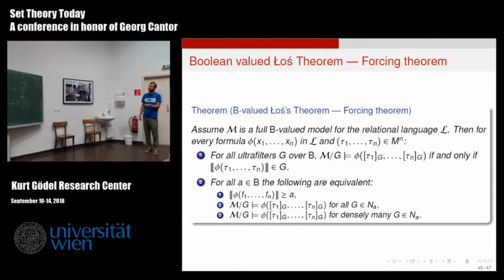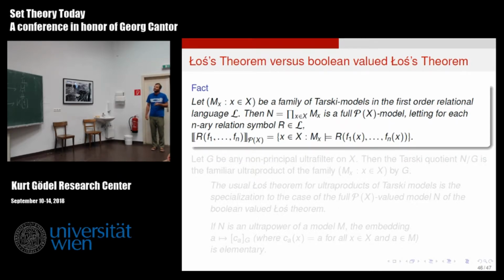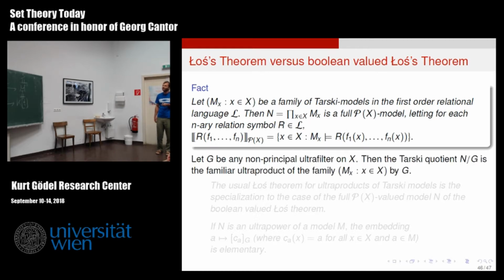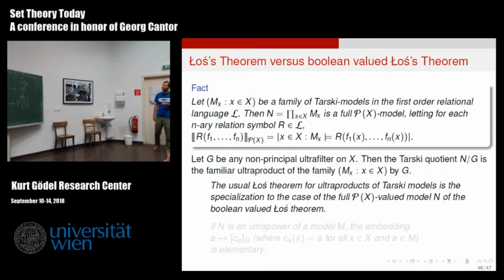Or the weaker property, which is what is used all the time in forcing: you just have to check the property for densely many elements in this neighborhood, not for all of them. And now you see that this definition is the right generalization of Łoś's theorem, because if you take the standard ultrapower with an ultrafilter on P(X), it is just the quotient of a Boolean valued model according to our rules.